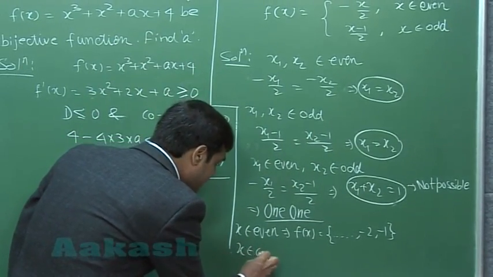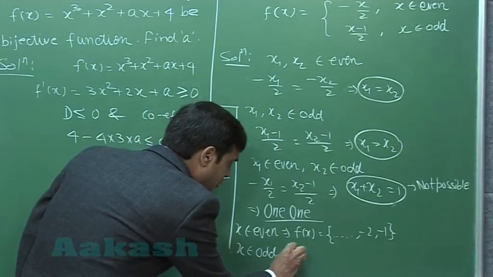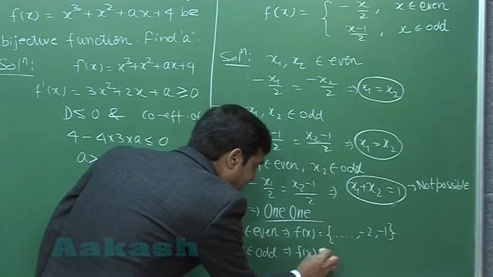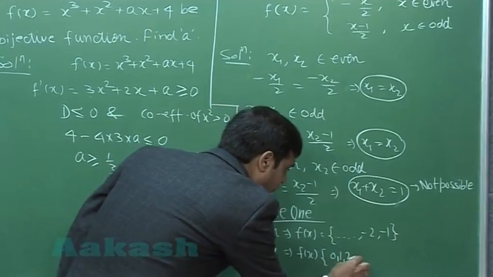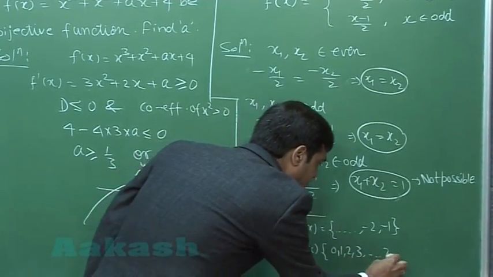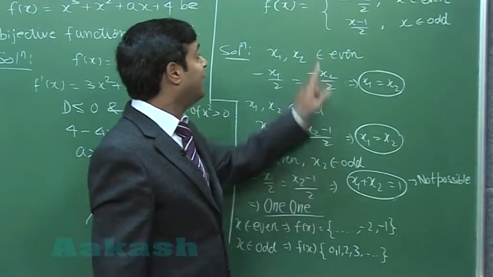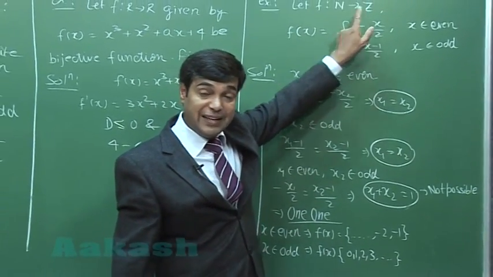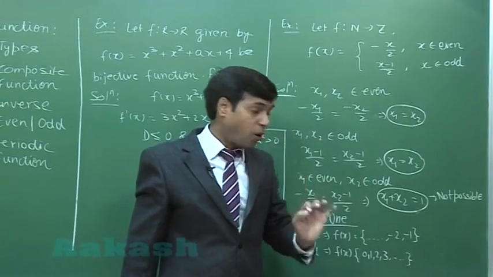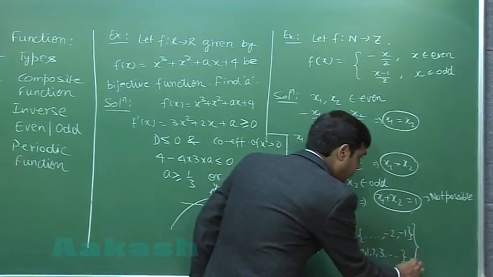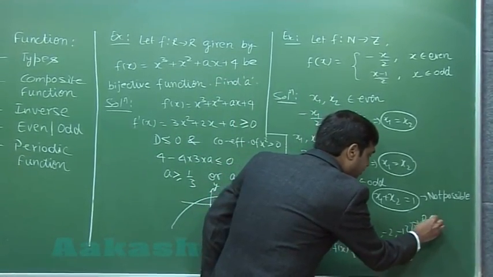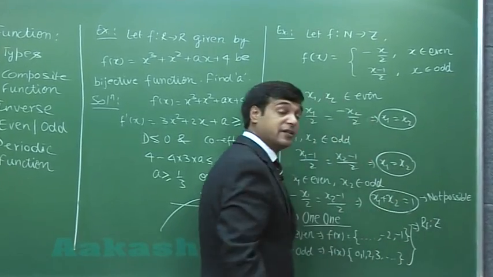Similarly, when x is odd, we find f(x) as 0, 1, 2, 3 and so on. Combining the two, we see that all integers are covered. Therefore, we can clearly see the function is onto. So the range of the function comes as the set of integers.